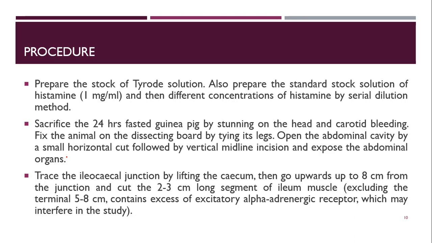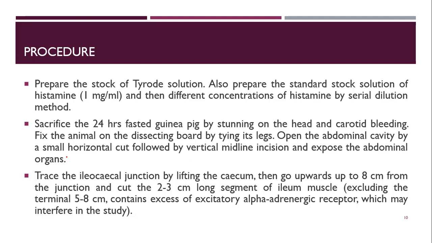So the procedure. We can divide the procedure into two or three parts. In the first part we will be talking about how to kill the animal and how to extract the tissue from the animal, all those things we are going to consider. And next, how we are going to perform the experiment.